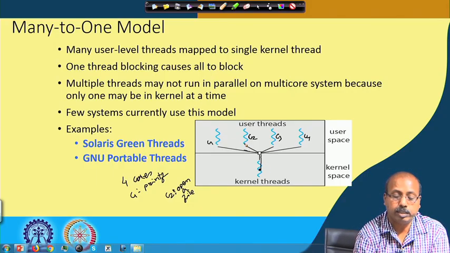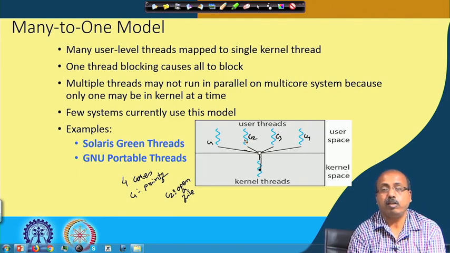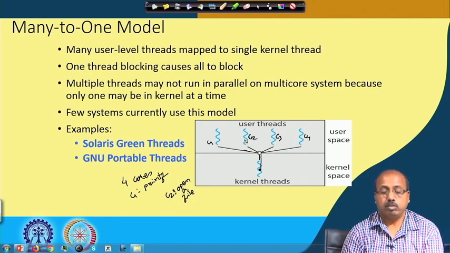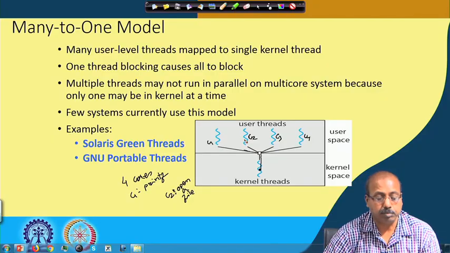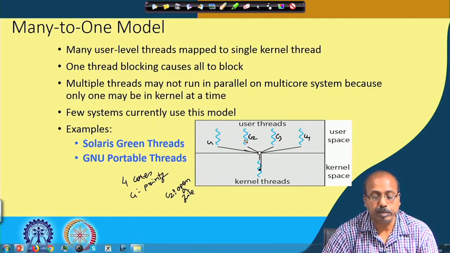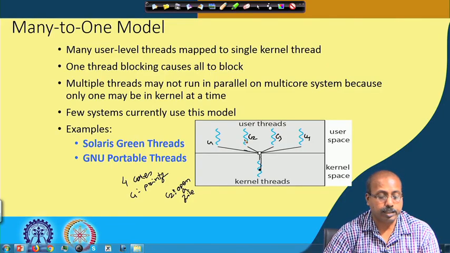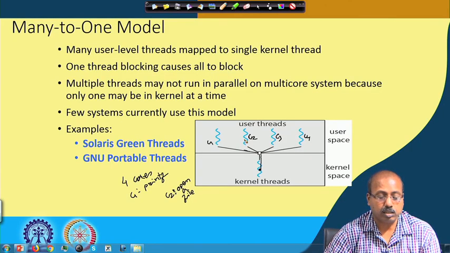So C2 has to wait. Even if you have multiple cores available, you cannot make them run in parallel. Few systems currently use this model, like Solaris green threads and GNU portable threads.